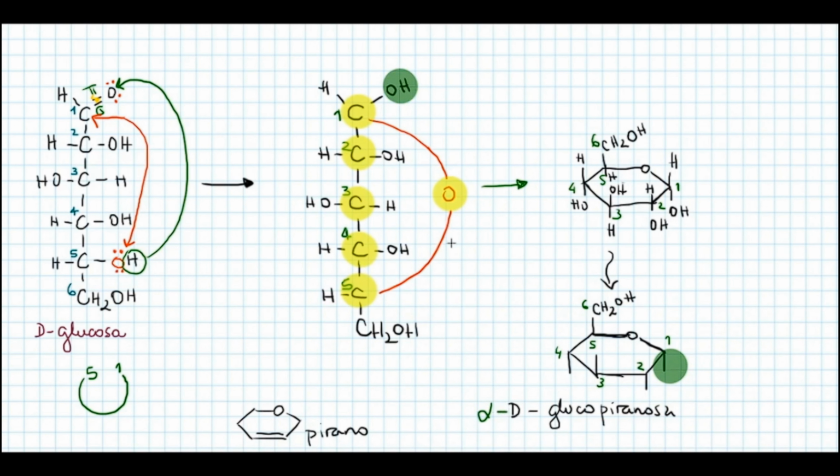If when this OH is cyclized it is actually in reverse, in an inverse situation, the only thing that will change is the position of this OH, and I will then have a very similar molecule, with the only difference being that the first H was facing up in the hexagonal representation, and this last glucose, instead of being called alpha, is called beta.